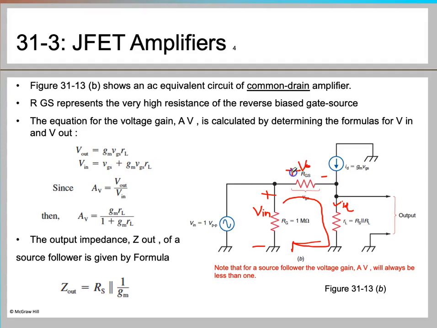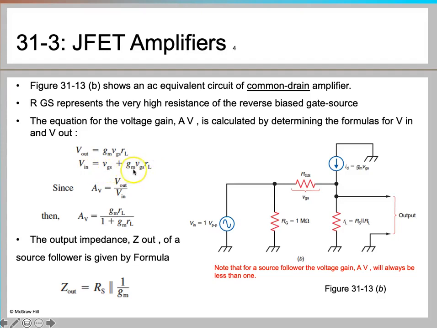So I'm going to erase this one. Okay, so that's how you calculate the input voltage. And once you know the input voltage, then you can easily calculate the voltage gain, because voltage gain is basically equal to Vout by Vin. So Vout is your gm VGS RL, and this is your VGS plus gm VGS RL.